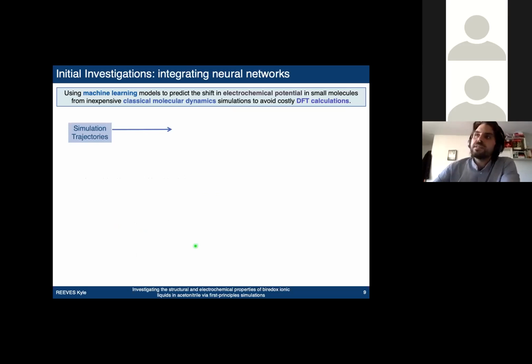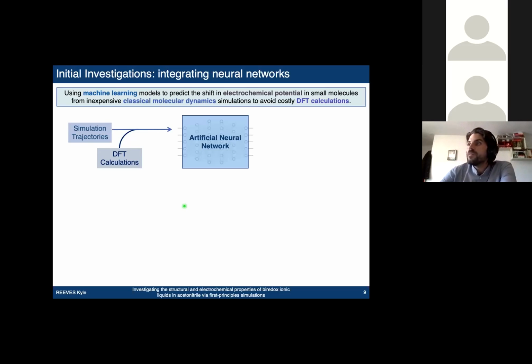So the idea is that we take the simulation trajectories that we've already generated, and we have the DFT calculations already from having computed this vertical energy gap. I had made a point to note that the vertical energy gap is that metric, the energy between a structure between the oxidized and the reduced state, so before and after the electron transfer. We have those data already, having completed the study, and so it can serve as our reference to the predicted value that we use to train the model.